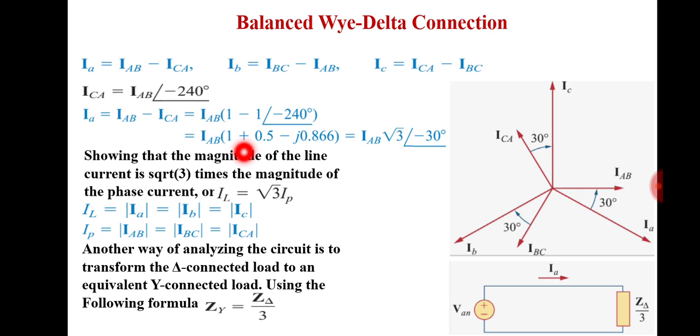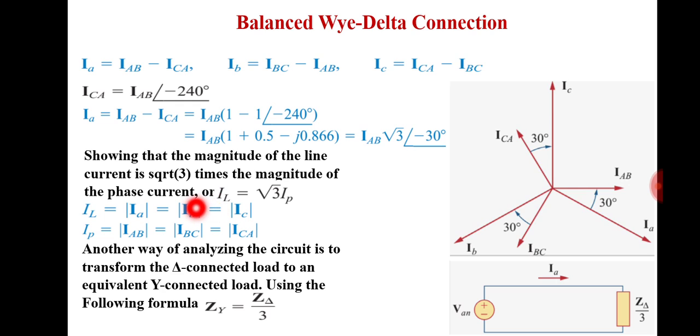So the equation becomes IAB in bracket 1 plus 0.5 minus j 0.866. So IA is equal to root 3 IAB with angle minus 30 degree. This shows that the magnitude of the line current is root 3 times the magnitude of the phase current. So IL, the line current, is equal to root 3 times the phase current.